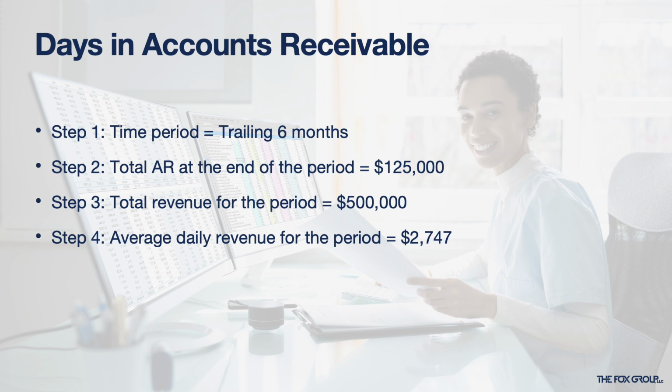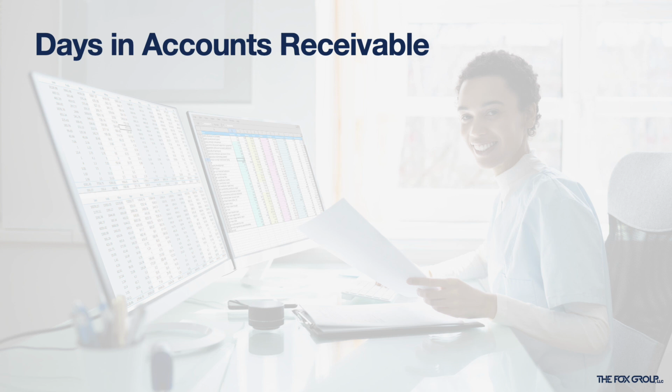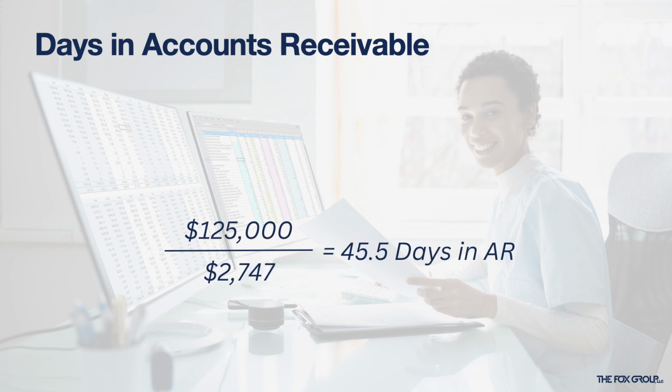Now we know that your average daily revenue is $2,747. Next, we divide the $125,000 in AR by the $2,747 in average daily revenue. And this tells us that our days in AR is 45.5.